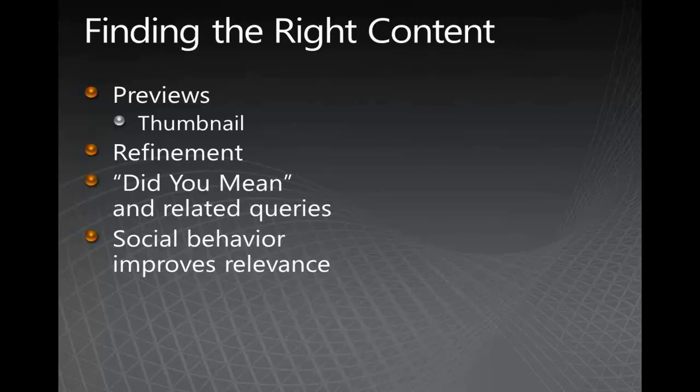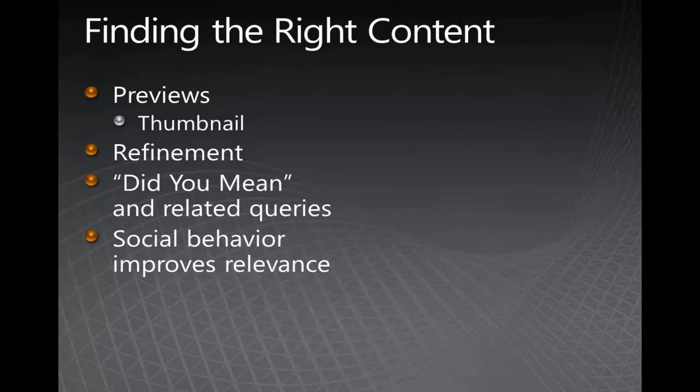And social behavior improves relevance, meaning the more you use an item, the more it's ranked in the future, and the higher it comes in your search results, as ranking counts towards relevancy. We also now, excitingly enough, have full wildcard functionality in search.